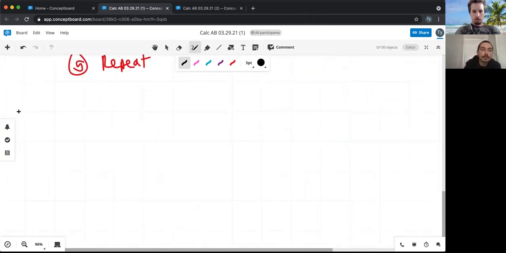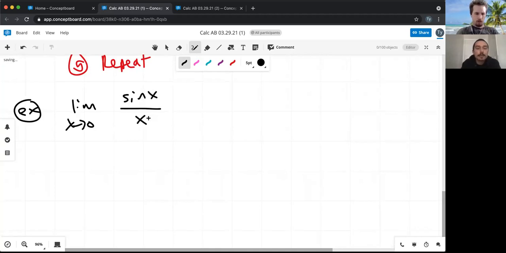So let's see some examples. To start, let's do the limit as x approaches 0 of sine of x over x. Okay, so step 1, try direct evaluation. So let's see. Sine of 0 over 0.